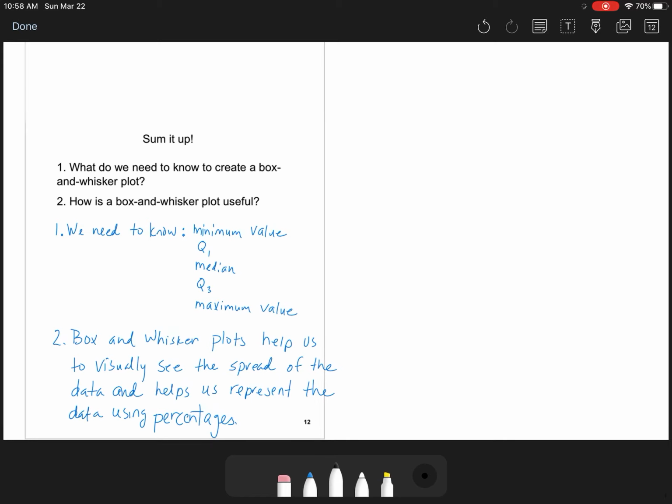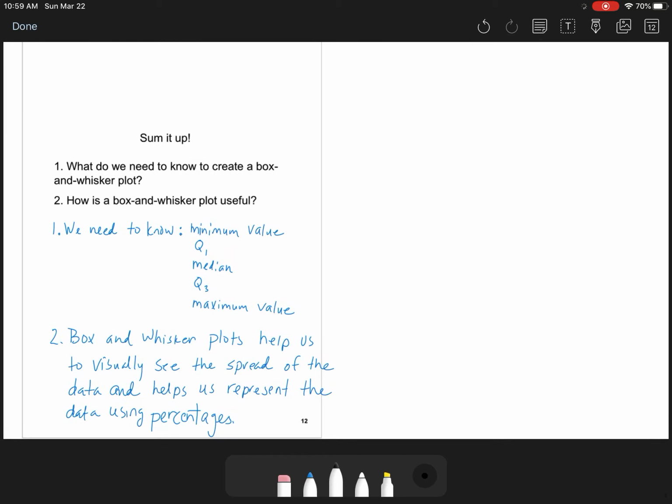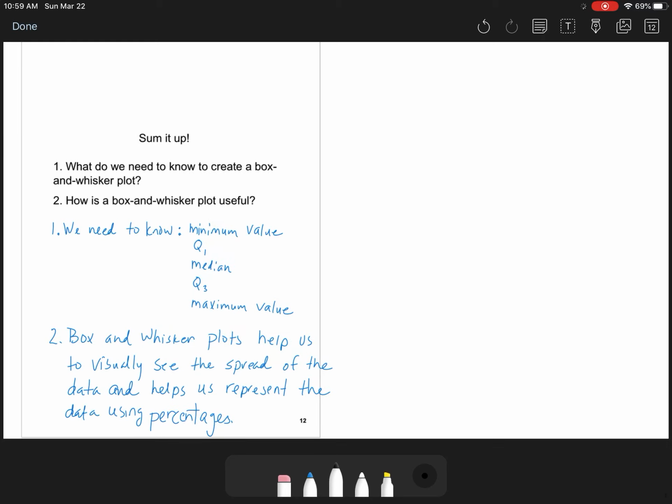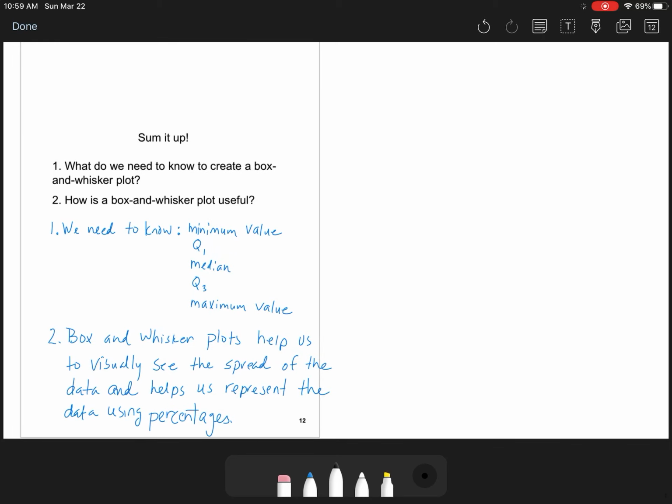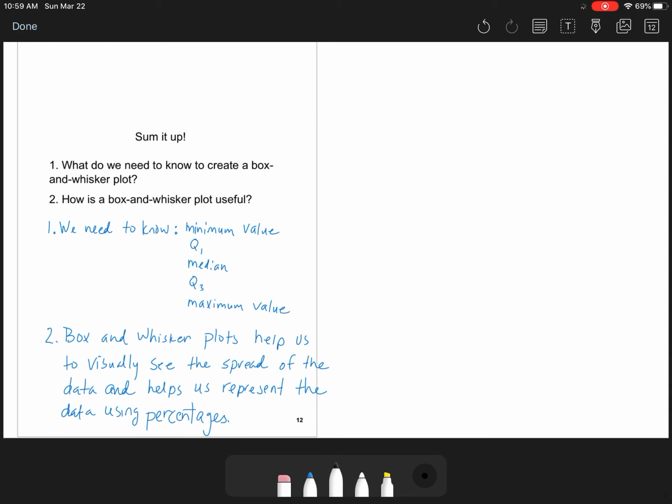Percentiles are used a lot in real life. Even when I take my youngest son to the doctor, they'll tell me, okay, so Andrew is in the 60th percentile as far as his height goes or his weight. If his weight is in the 25th percentile, that would mean that only 25% of babies his age weigh less than him.